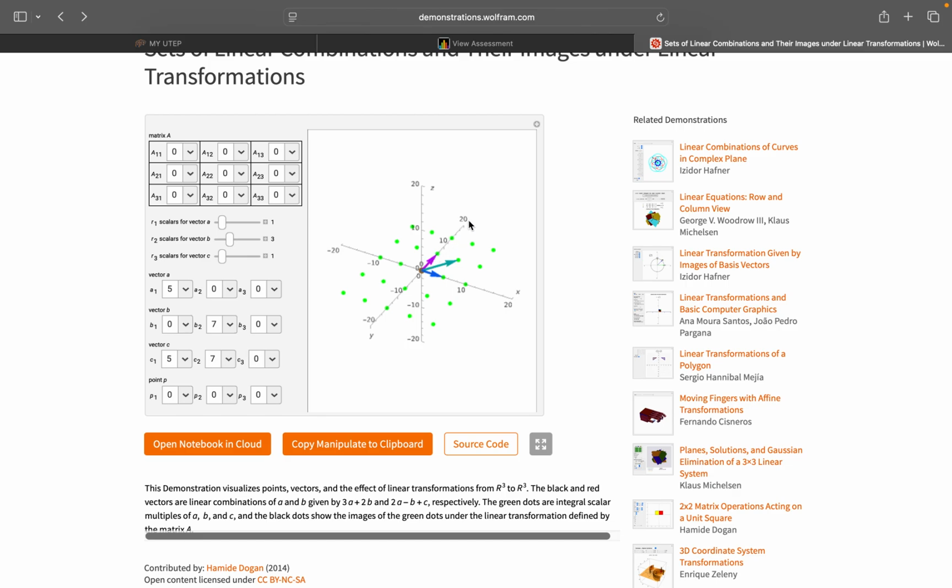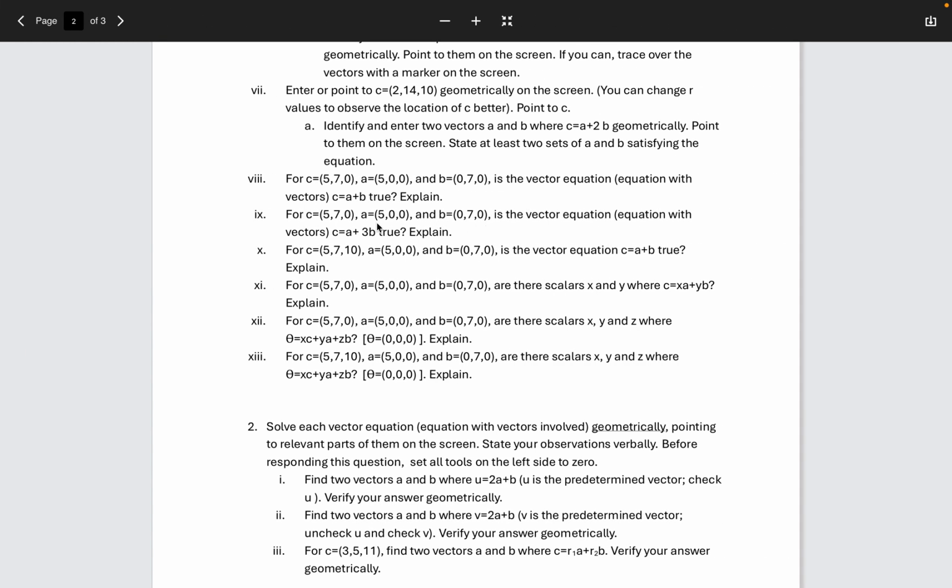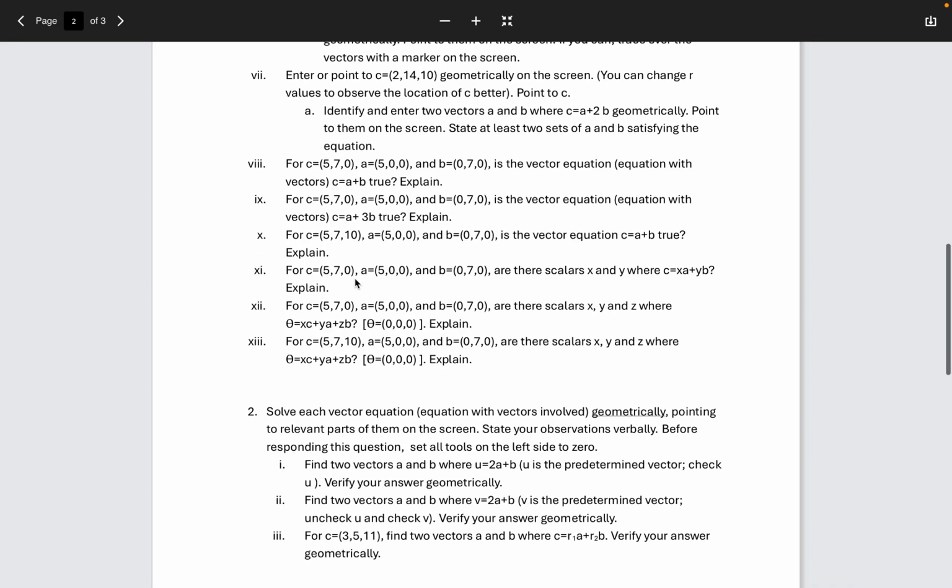We would end up with like 21 over here. And then plus 5, which is the A vector, we will end up with the vector that's going over here. So C equals A plus 3B is not true, since we wouldn't end up with 7 for the y direction.